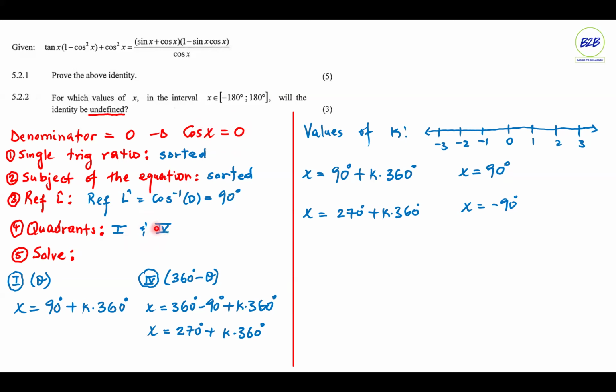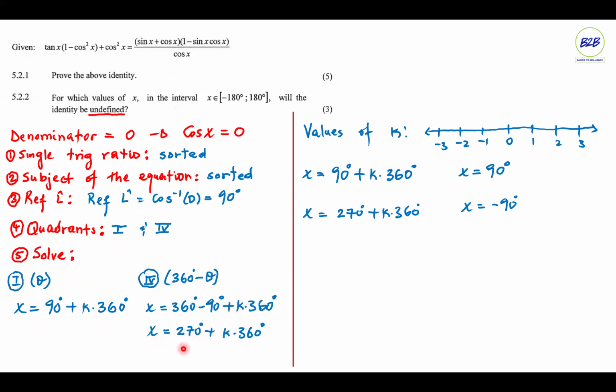Right. And then after having selected the quadrants, we can solve for our general solution. We say the first quadrant, we use theta. What is theta? The reference angle. Therefore, x is equal to theta, which is 90 plus k times 360. Fourth quadrant, what reduction formula do we have? 360 degrees minus theta. Then x is equal to 360 degrees minus theta plus and so on.